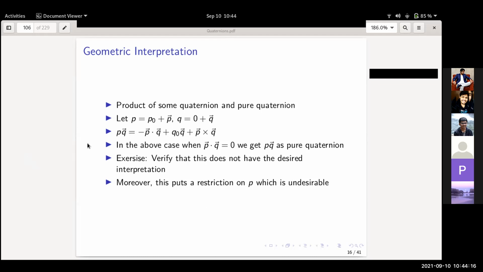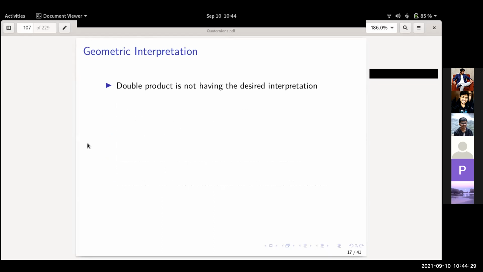One can go back and verify that this will never have the desired interpretation. Basically, the double product will not do the job. That is the conclusion. The double product does not have the desired geometric interpretation we are talking about.